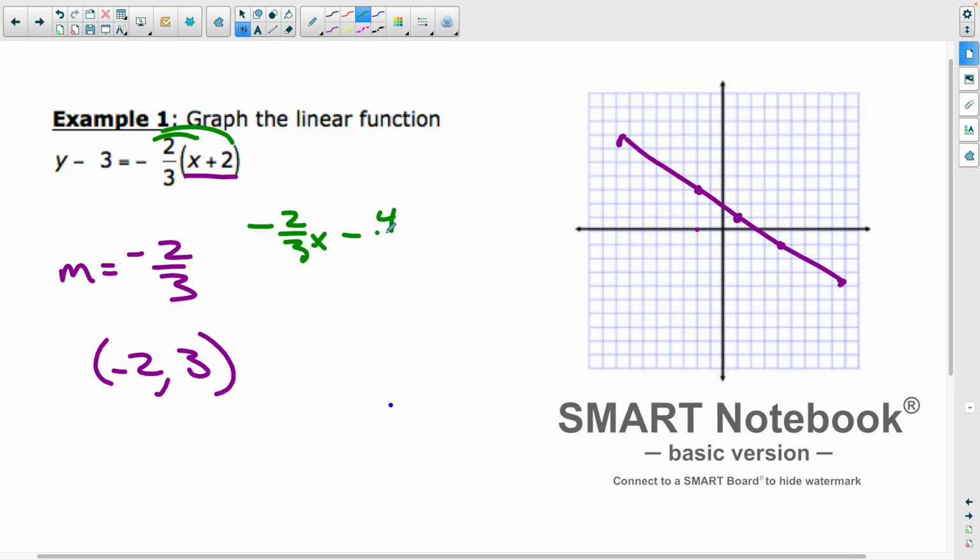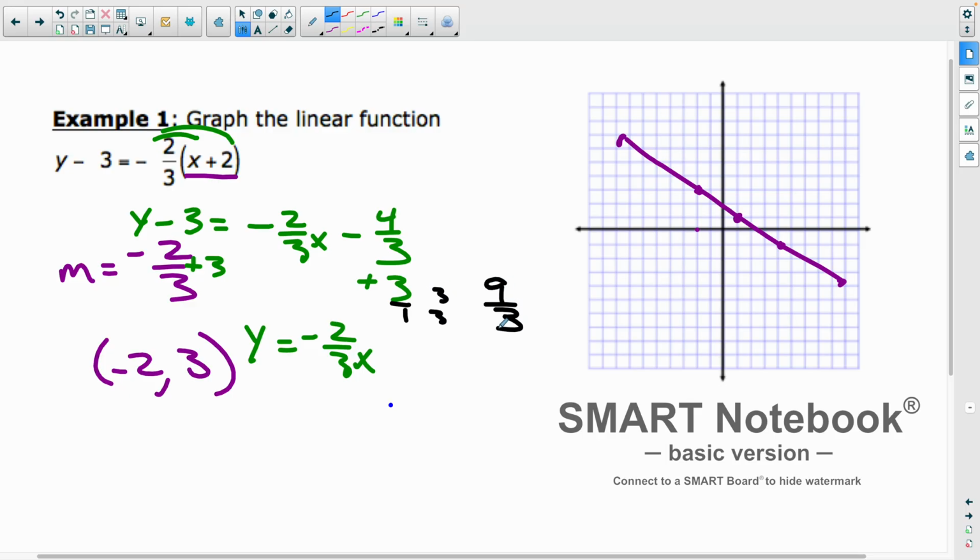So I have to distribute negative 2/3, and I get that right there. Then I have to add the 3 and add the 3. Does this look like it's fun to add together? No. We would have to take this 3 and multiply it by 3 and make it 9/3, because that's the same thing as 3.